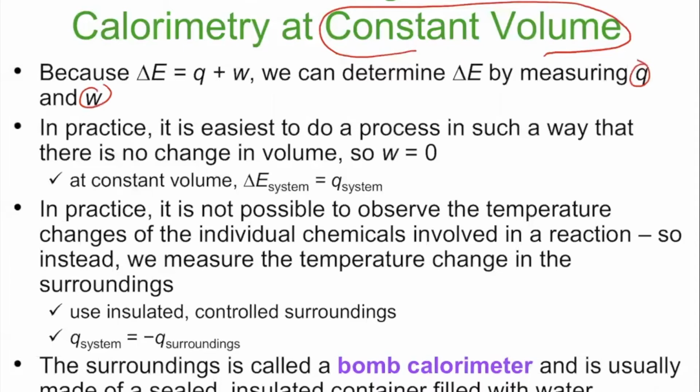The easiest way of doing this is if we assume that W is going to be 0. We're saying that there is no work being done. So when that's the case, we are going to have delta E equals the heat if W is 0.